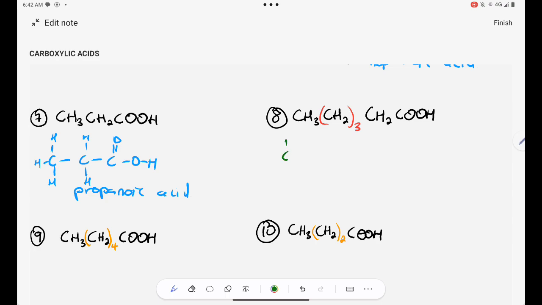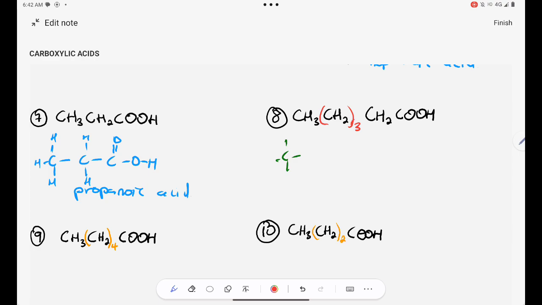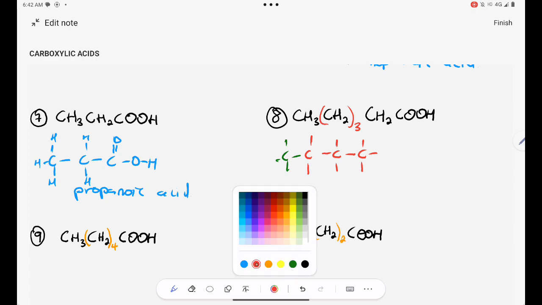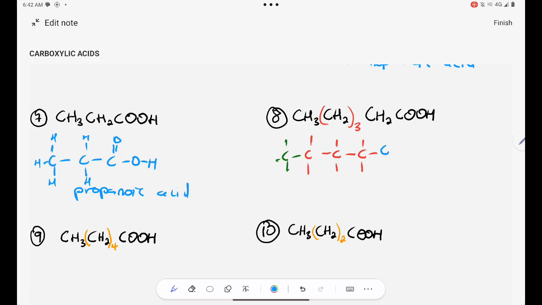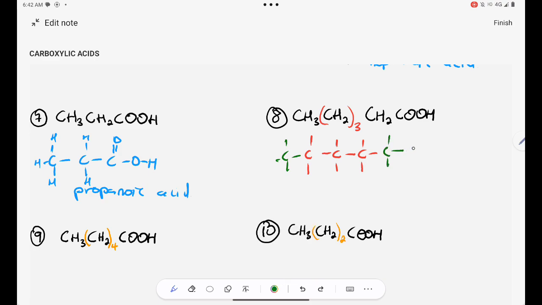Over here I have a CH3, and then I have CH2s that should appear 3 times because of that number over there. That's CH2 number 1, CH2 number 2, CH2 number 3, and then I have another CH2. I have another CH2, and then I have a C double bond O with an OH.